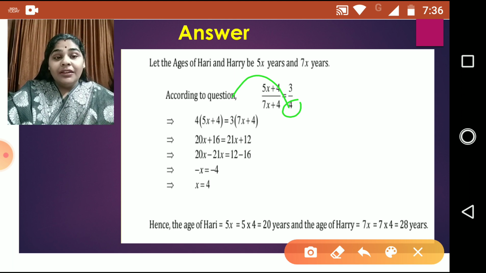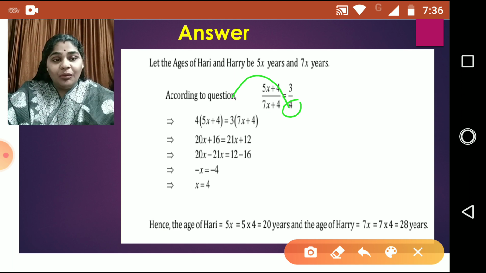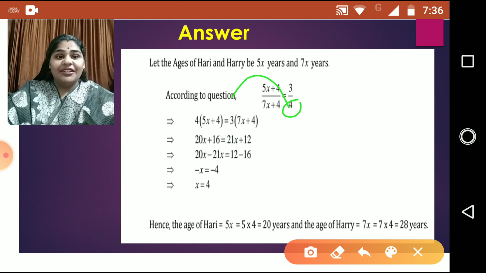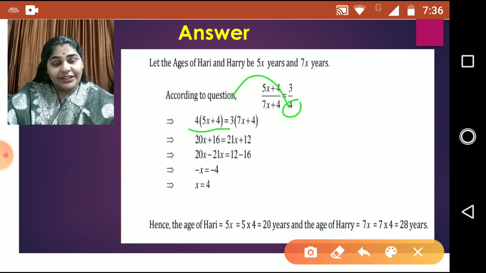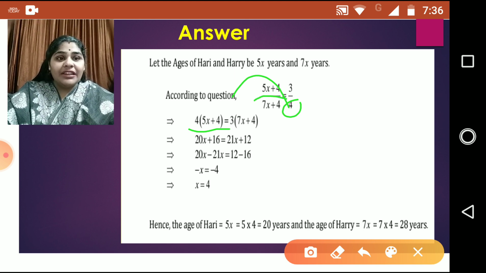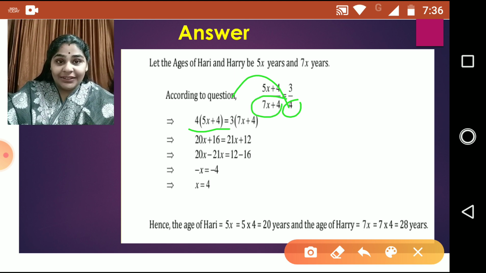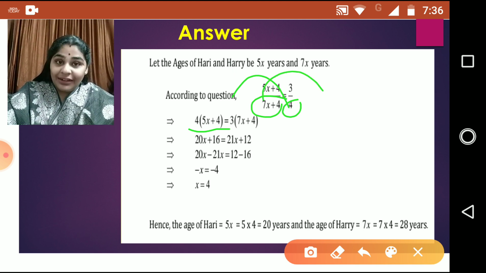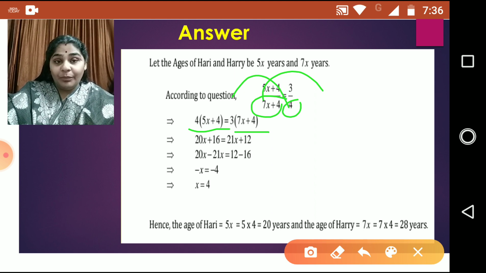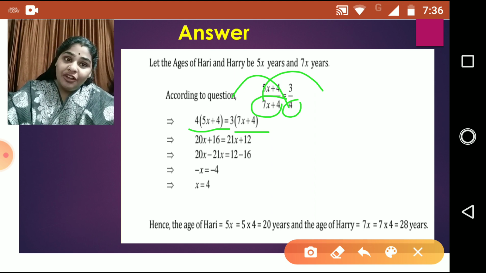So it will be 4 multiplied by whatever term is already present, so 4 multiplied by 5x plus 4 on the left hand side. And whatever is the denominator on the left hand side, that is 7x plus 4, we are transposing it to the right hand side. And this will come as 3 multiplied by, in bracket, 7x plus 4.